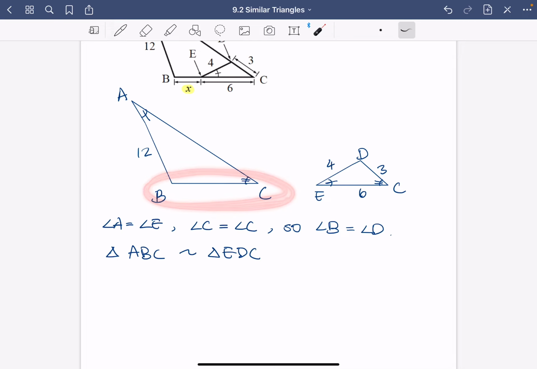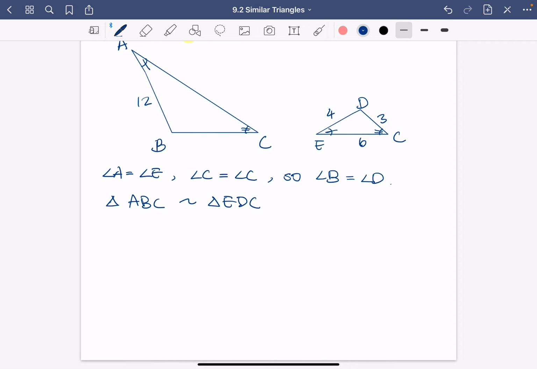We need to find BC first before we can find X. So let's do BC over, what's the corresponding side for BC? It'll be this one, DC. If it's hard for you to look at the diagram, you can look at the similarity here. BC will correspond to DC, right?